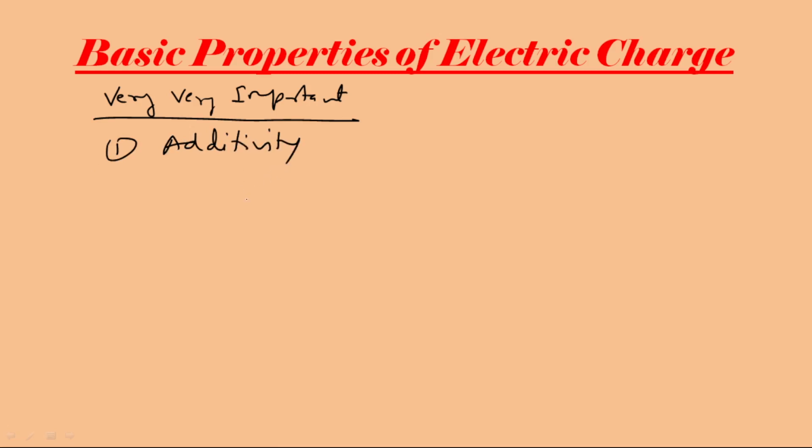This additivity says that, first of all, charges are scalar quantity. What is called a scalar quantity? The physical entity which has only magnitude and no direction is called scalar.